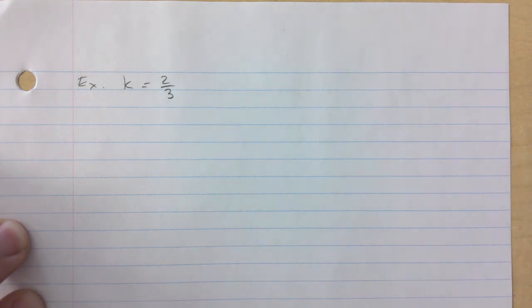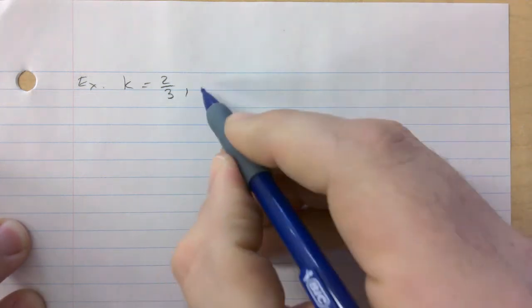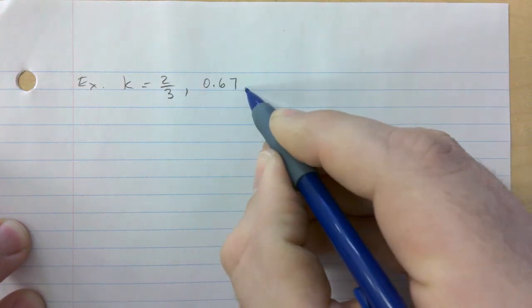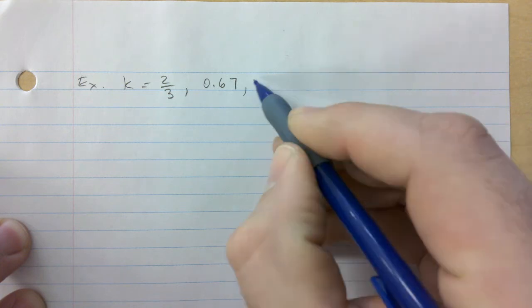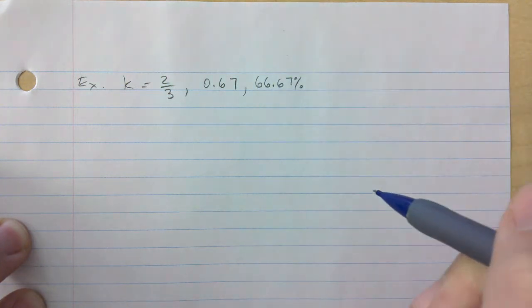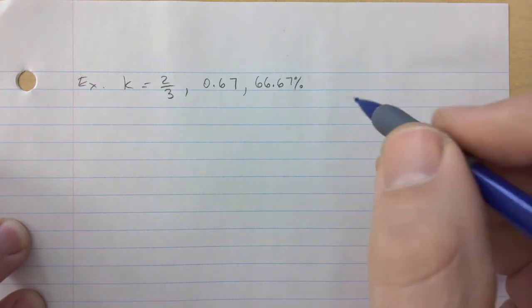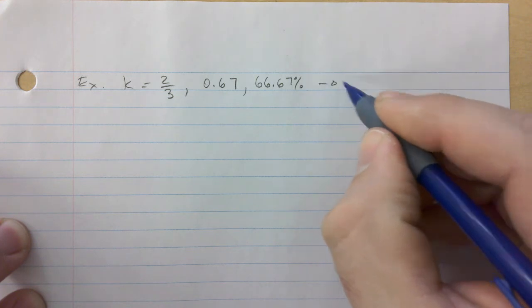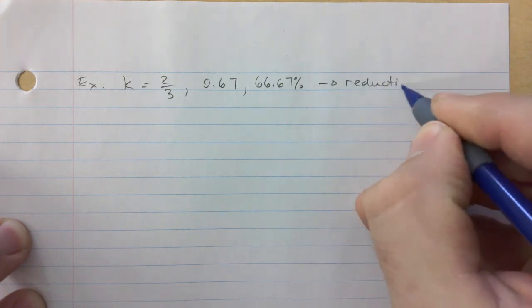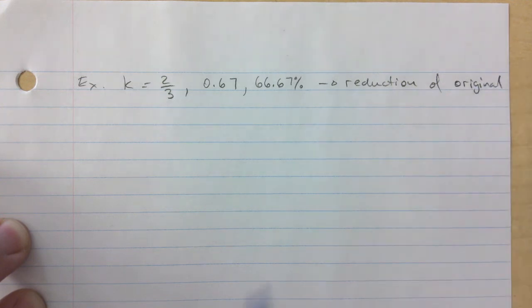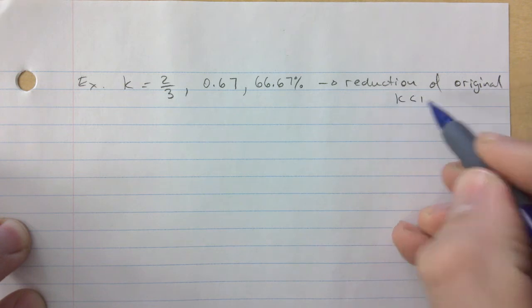If K is equal to 2/3, that would result in a decimal of 0.67 or 66.67%. And that would be a reduction of the original. Okay, because it's less than 1. K is less than 1.